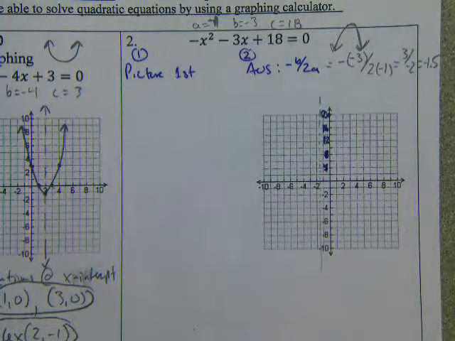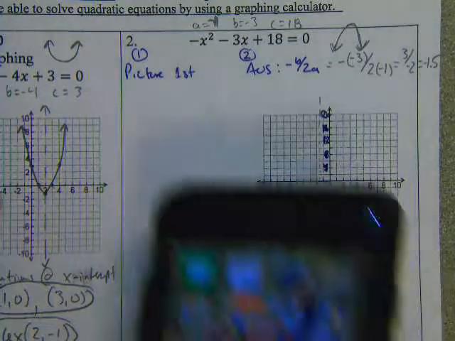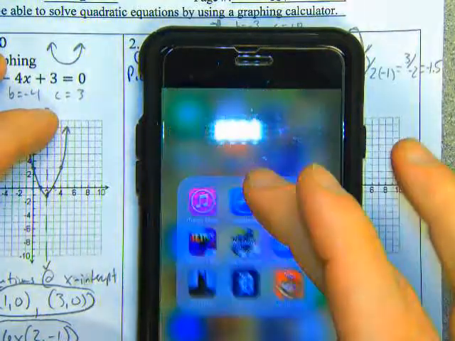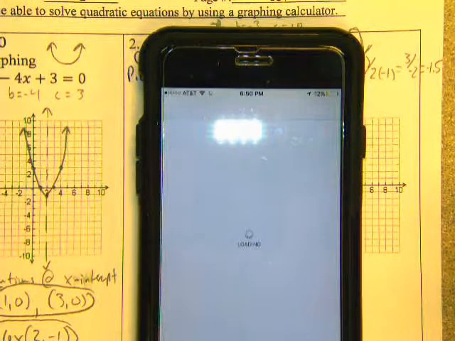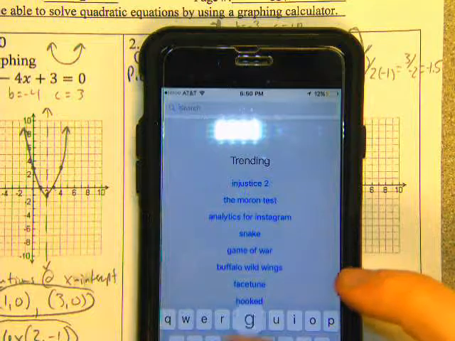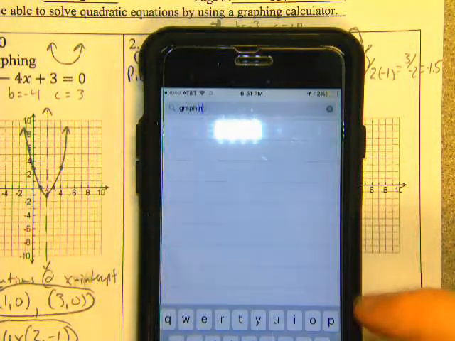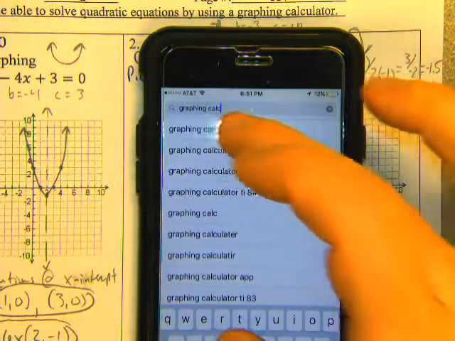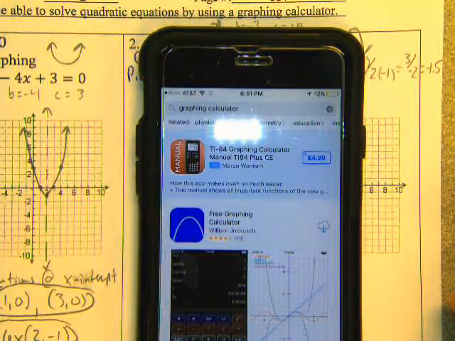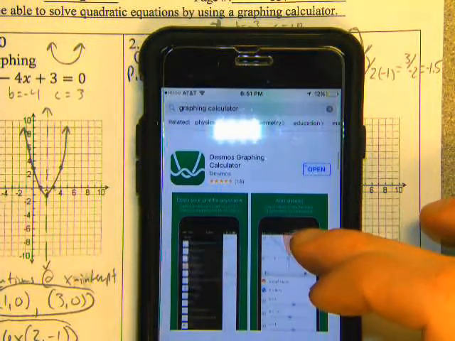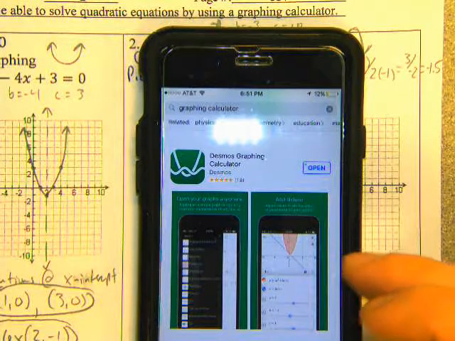So I was at home, I didn't have all my fancy tools here, so I just pulled this up and went to App Store and searched for graphing calculator, and I'm not paying any money, so I've used this Desmos before, and I had it, and so I downloaded it again.